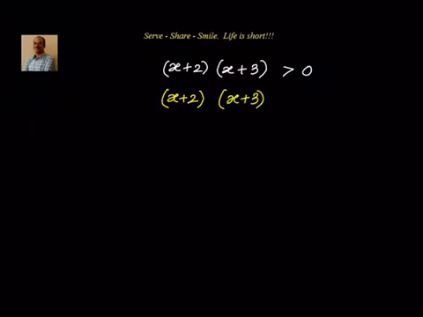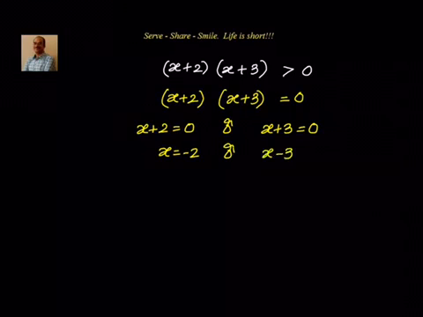So can I say x plus 2 into x plus 3 equal to 0? That means either x plus 2 is 0 or x plus 3 equal to 0. That means x equals minus 2 or x equals minus 3. So these are the values of x at which the f of x will become 0. This is our f of x.